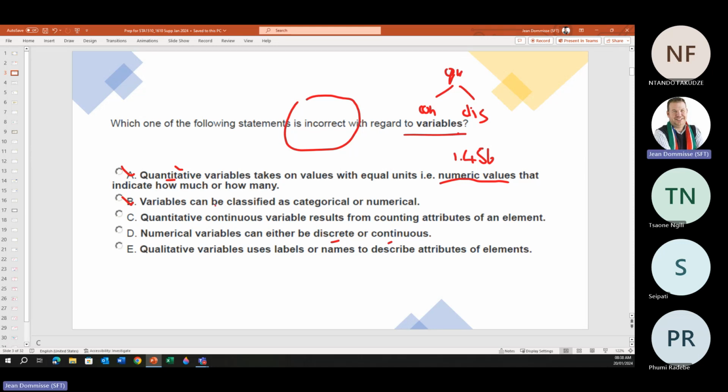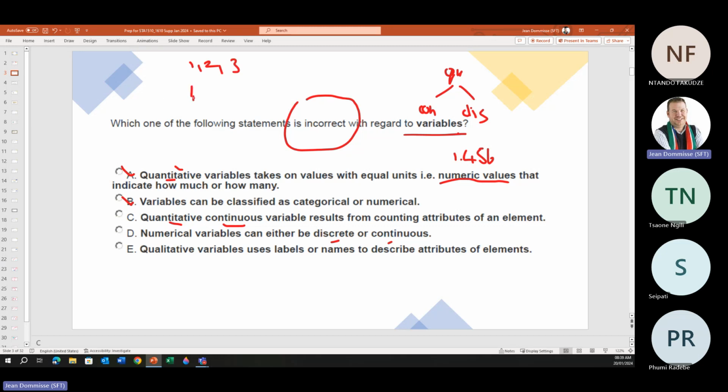Quantitative, again, we're looking at quantity. Continuous variables result from counting attributes of an element. Continuous means there can be decimals, whereas if it was discrete, it would be 1, 2, 3, 4.